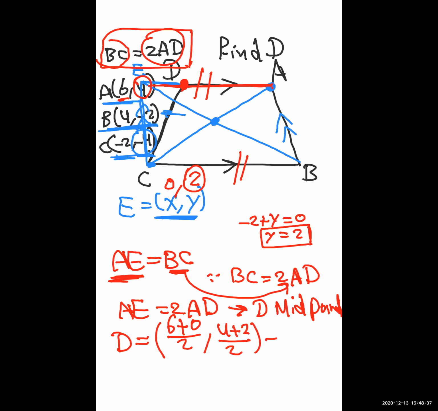So 6 plus 0 over 2 means 3, and 4 plus 2 equals 6 over 2 means 3. So the point D, which is required in the question, equals (3, 3).